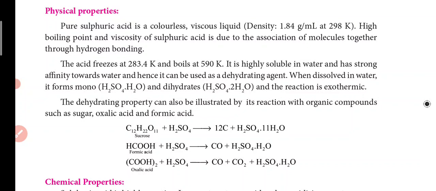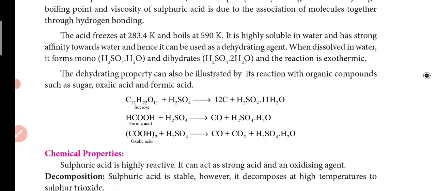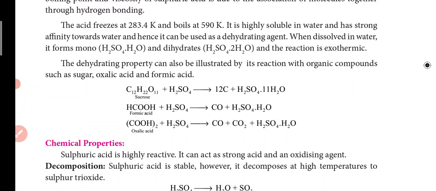The dehydrating property is illustrated with organic compounds like sugar, oxalic acid and formic acid. When sulfuric acid is used with sucrose, it acts as a dehydrating agent so that 12 carbon atoms come out separately.